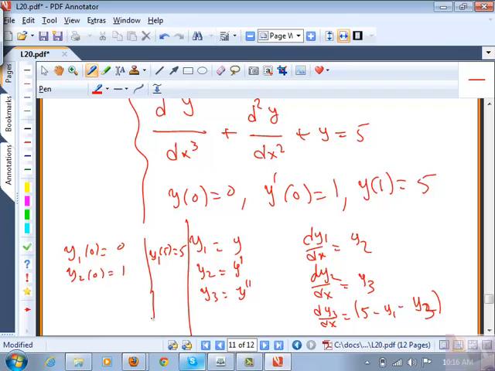Could the shooting method be used for partial differential equations? Now you're talking about the x direction, but if you had x and y, as long as it's still a linear problem and you have the correct number of conditions specified, you can still shoot. I have not seen that idea implemented.